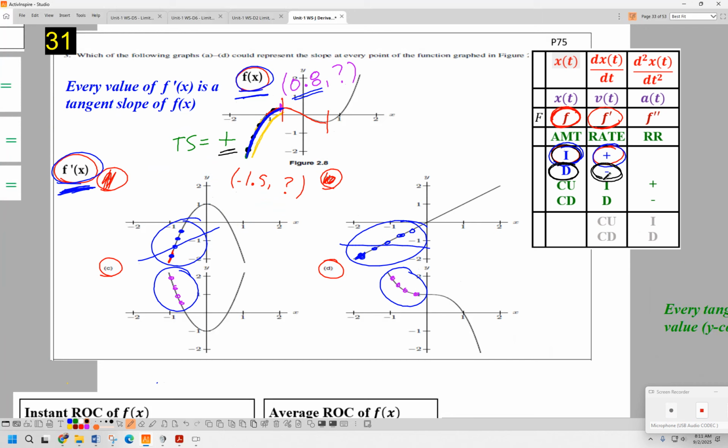So I have a problem right here. These F prime values are not negative. Those F prime values need to be negative because these values of F are decreasing. So this one also is incorrect. So C has to be the right match.